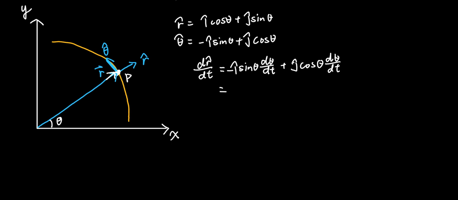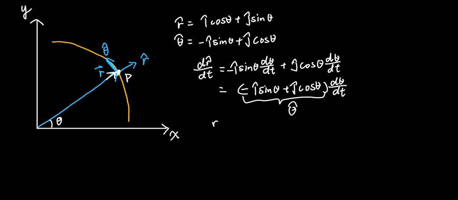And here we can rewrite this formula into this one. So this part just becomes theta hat. So the derivative of r hat can be written as theta hat times theta dot.